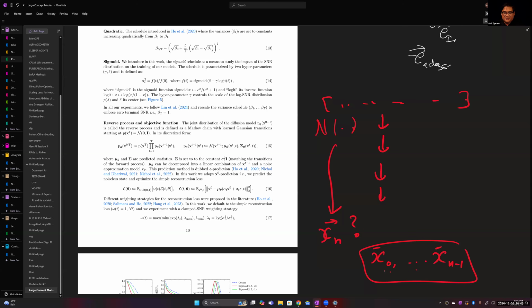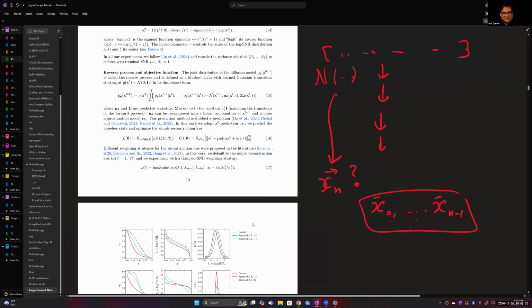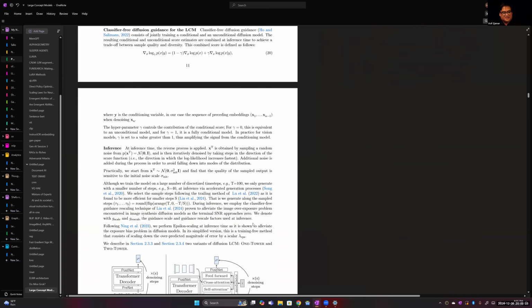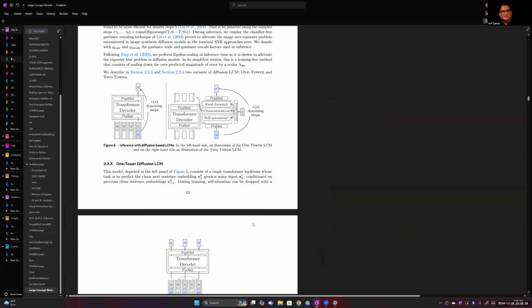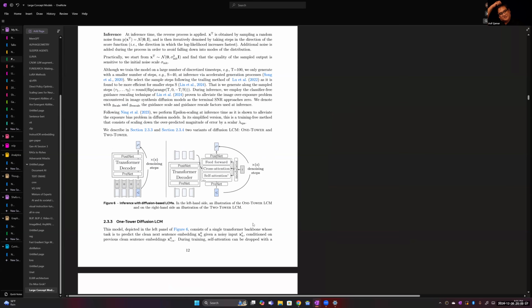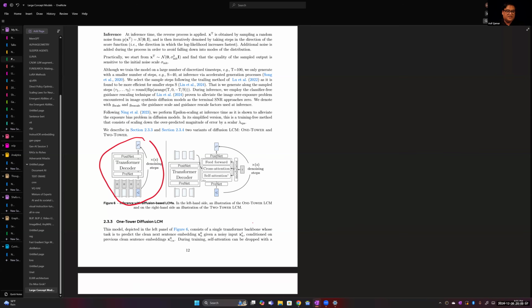You can continually do that. And the way they do that, with a bit of nuance, is something called a one tower and two tower approach. In the one tower approach, the transformer decoder and the denoising step are both done by the same transformer, because at the end of the day, diffusion models internally use a transformer. So you can do all of it within the same machine.